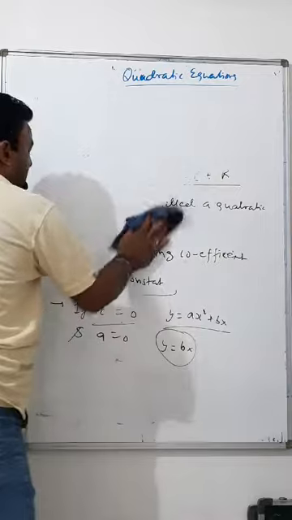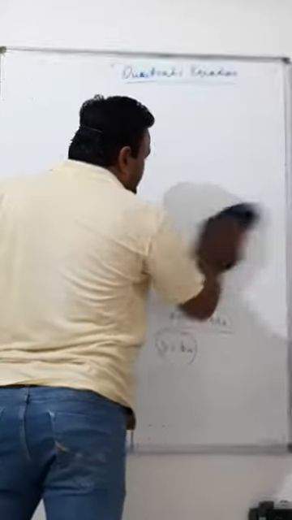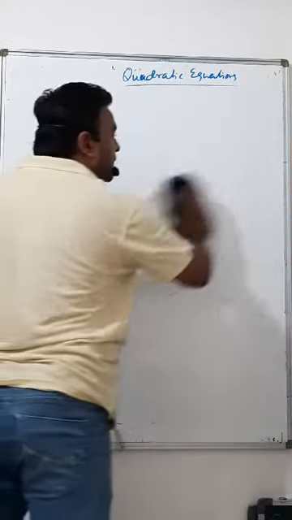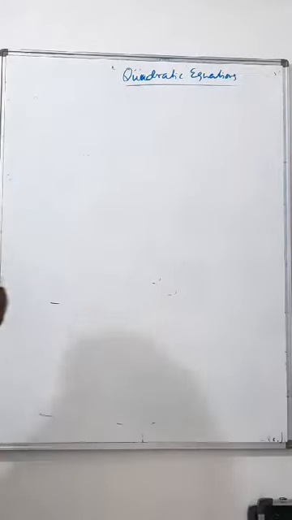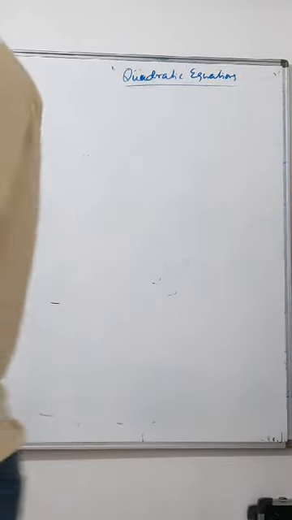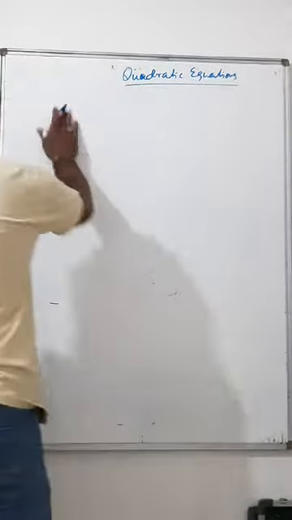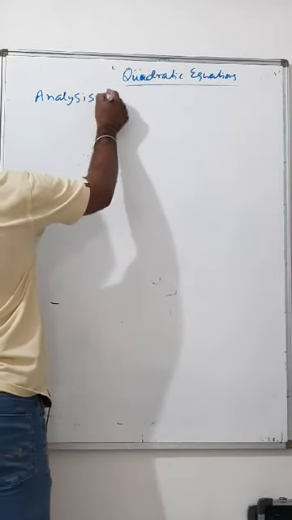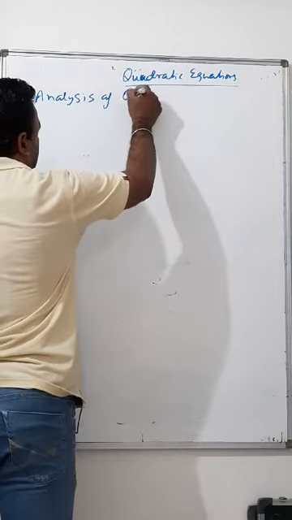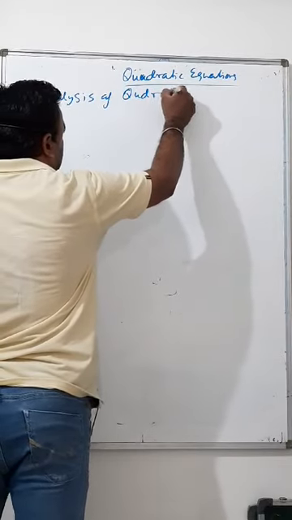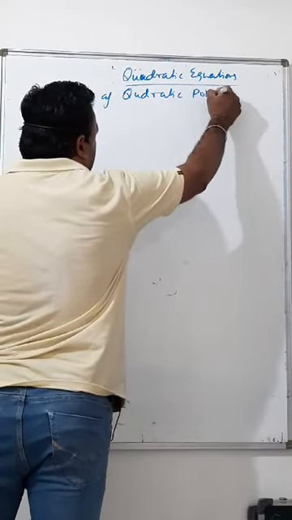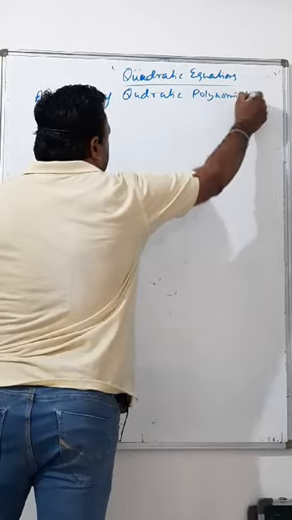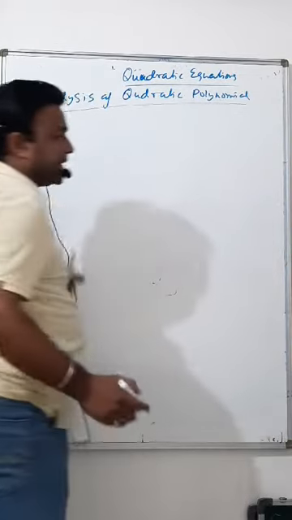Now, we turn to another point. It's about the definition of quadratic polynomial, right? Now, we move further. We analyze this, analysis of quadratic polynomial. Look, how do we analyze it?